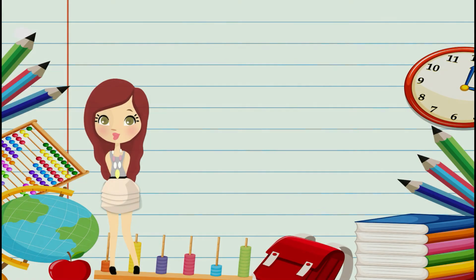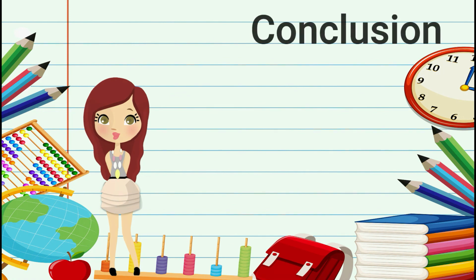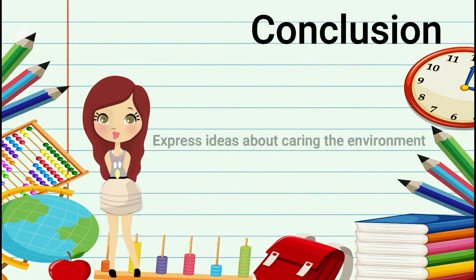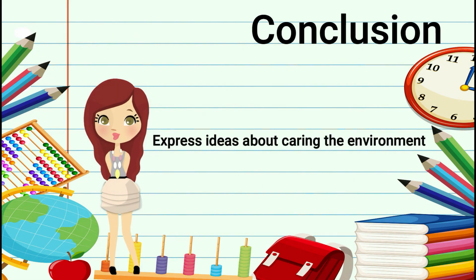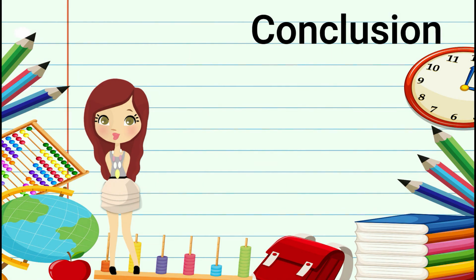Now I'm going to give you the conclusion. Using the vocabulary related to the environment provided by the teacher during the previous activity, the students expressed their ideas about caring for the environment and identified what they should and should not do to preserve it.